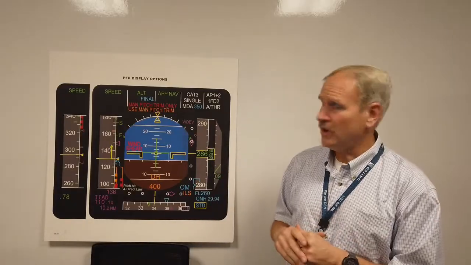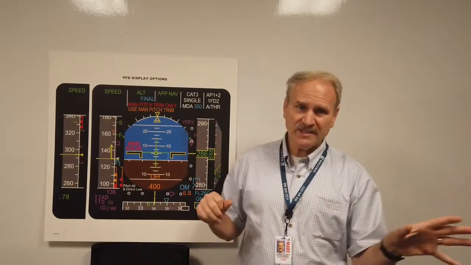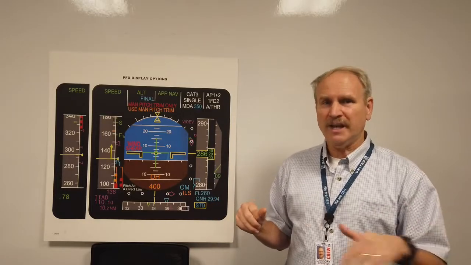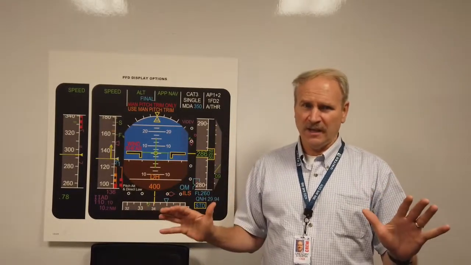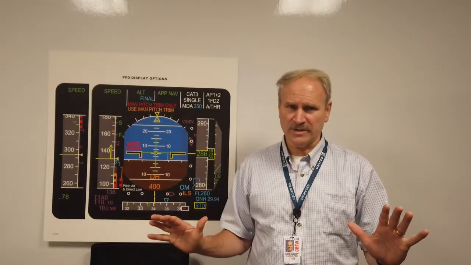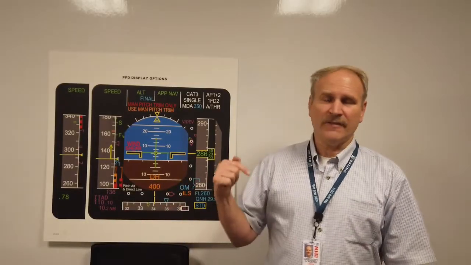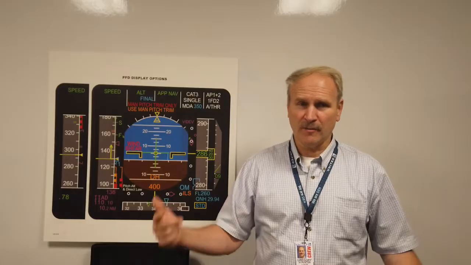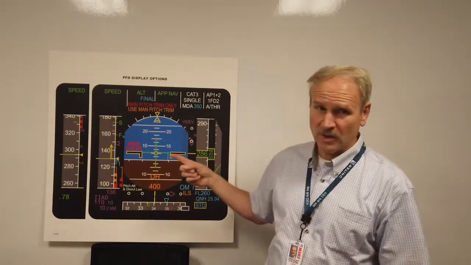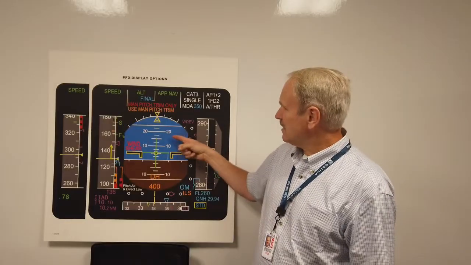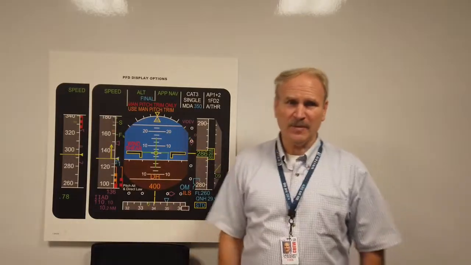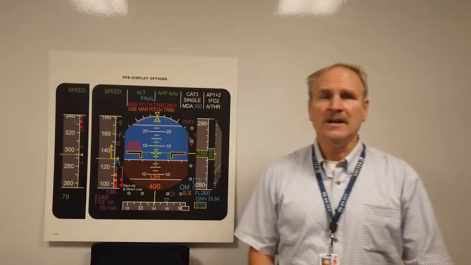But let me also address one other thing that plays into bird usage, but even if I'm not using the bird, I would want to understand and do 100% of the time. And that is, if I have some given failures that are by definition taking away my flight director, which is part of what's making me do this raw data ILS, I will most likely have a red FD on my PFD, letting me know that that flight director is not available.